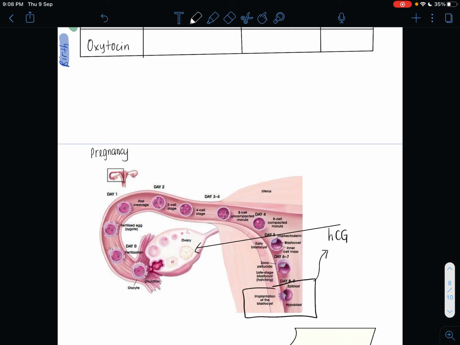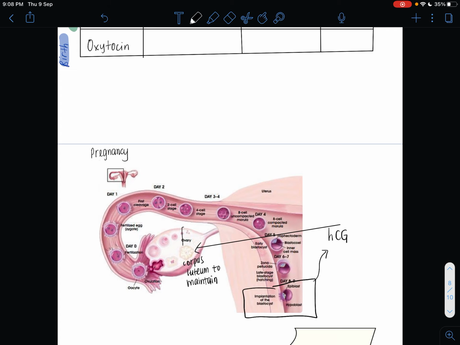So the function of the HCG hormone is in return to stimulate the corpus luteum to maintain. So the corpus luteum will not degenerate.